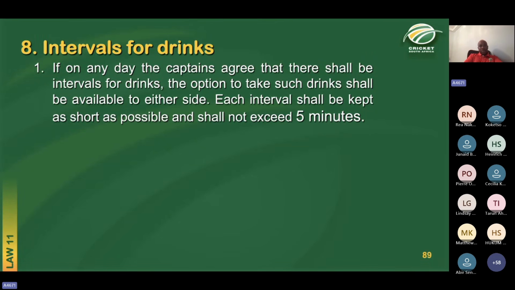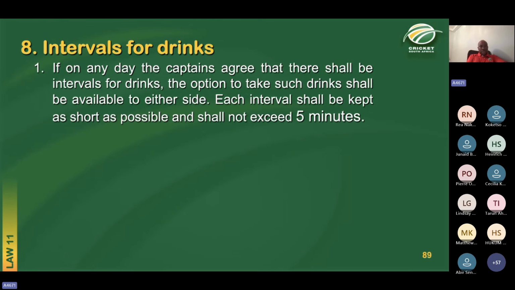So in limited overs cricket, 50-over cricket, the drinks break is either 5 minutes or 4 minutes, depending on the playing conditions. In T20 cricket, if there are drinks breaks or they are called strategic time outs, they're usually 2.5 minutes.